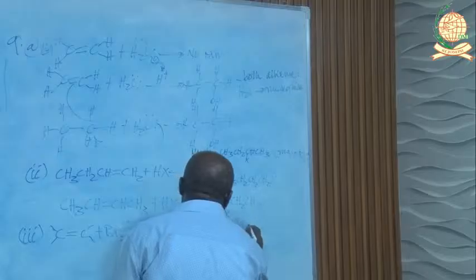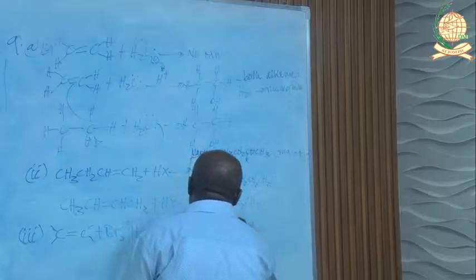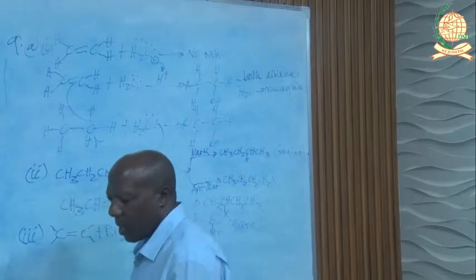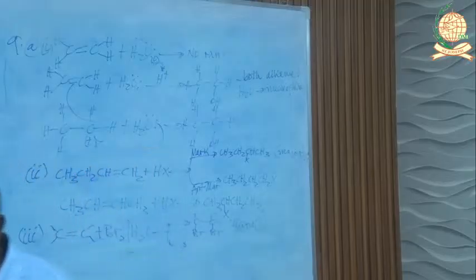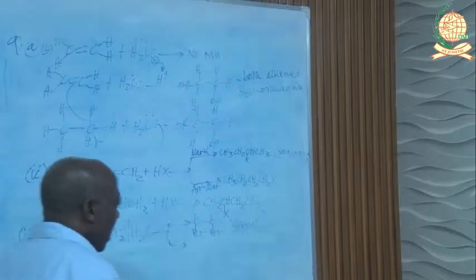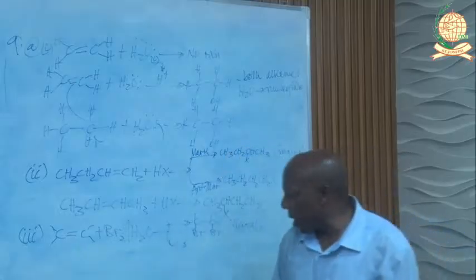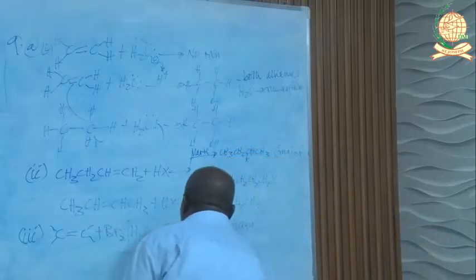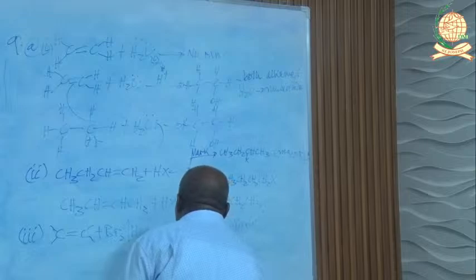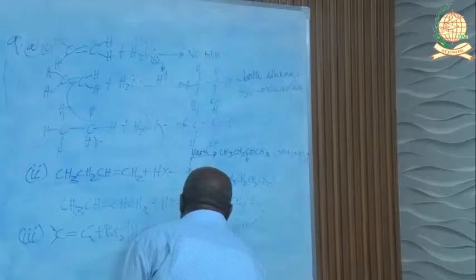A vicinal compound is a dihaloalkane where the two similar halogens are bonded to two adjacent carbon atoms. Then the second product is bromoalkanol. This is bromine. Then here is OH.